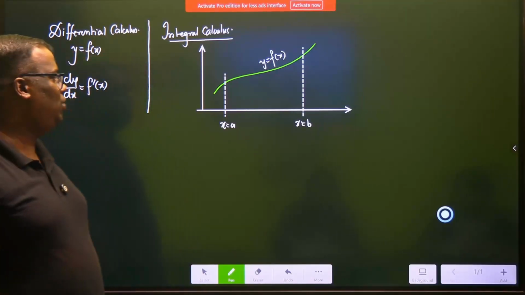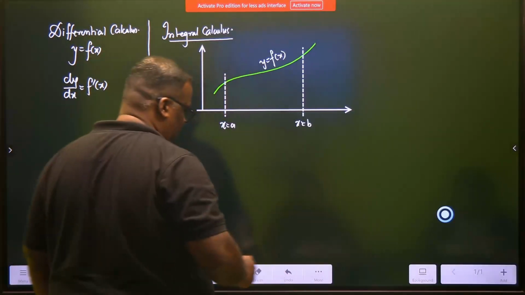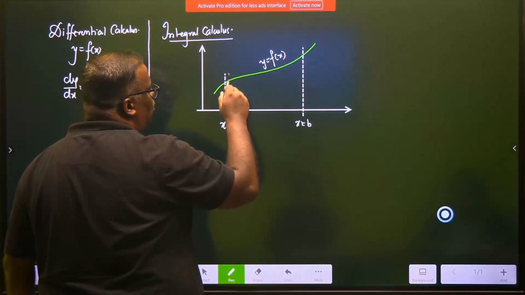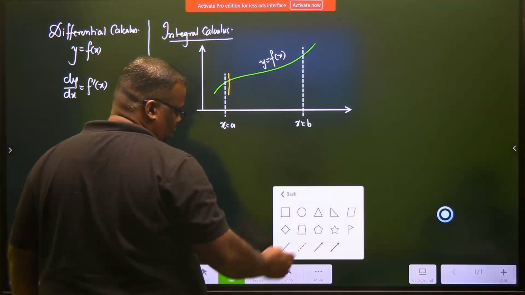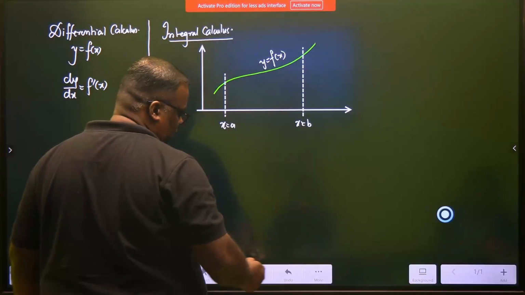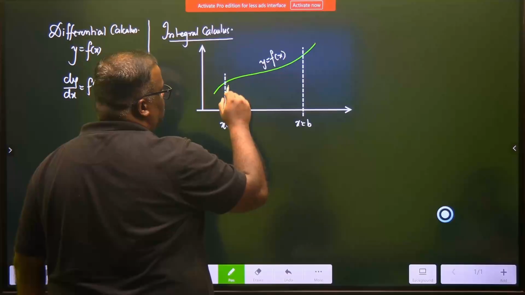Now we do the same thing, but here we will make many infinitesimally small partitions.